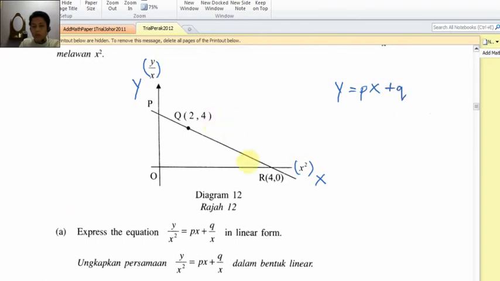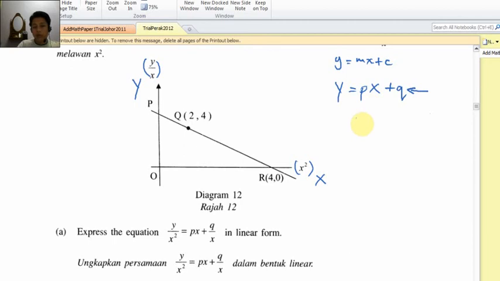So we are given two coordinates there. So the information there is enough for us to figure out the value of p and q. There are two ways to find the value of p. So let's take a look at a simpler one. Let's find the gradient of this graph over here, because this is equivalent to the form of y equal to mx plus c. m is the gradient of the graph. So in this case, p is the gradient of the graph.